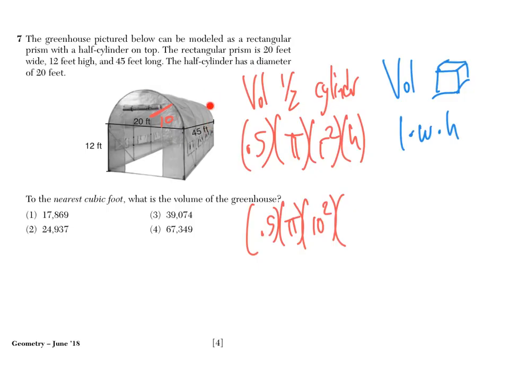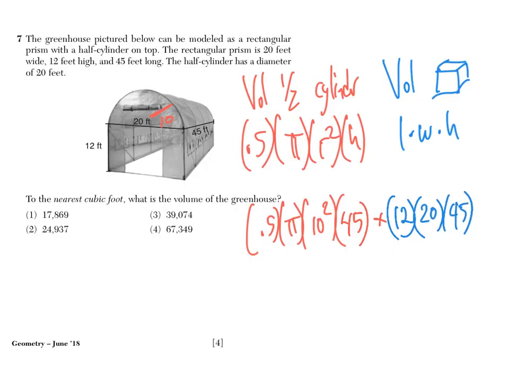I recognize that this cylinder is on its side. So what we would normally think of as the height is, in this context, the length. And that's going to be 45 feet. So let's plug in that value. Great. Plus what? Well, we know that the volume of the prism is going to be simply 12 times 20 times 45.